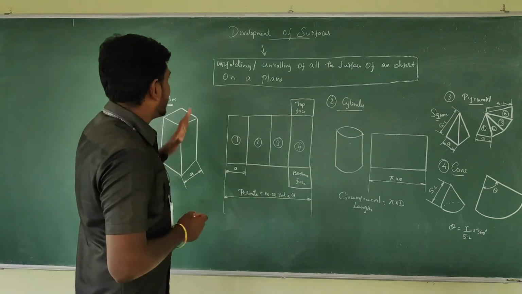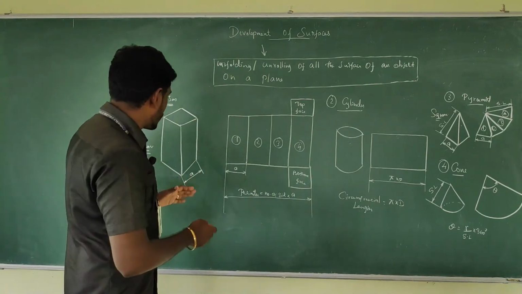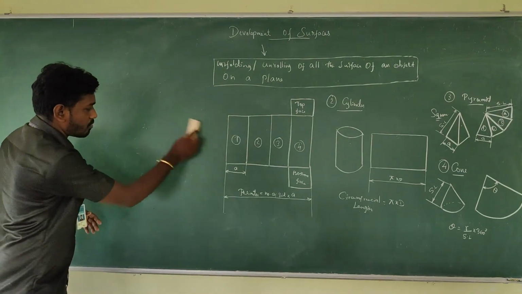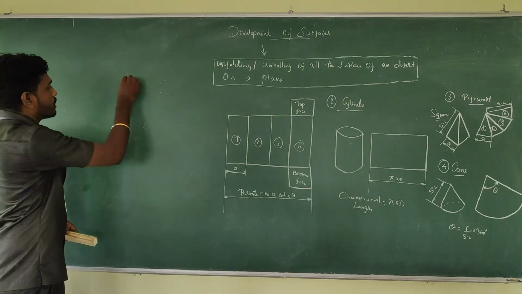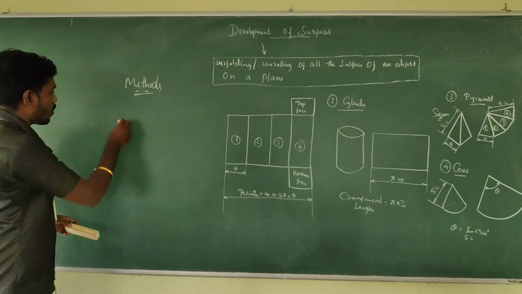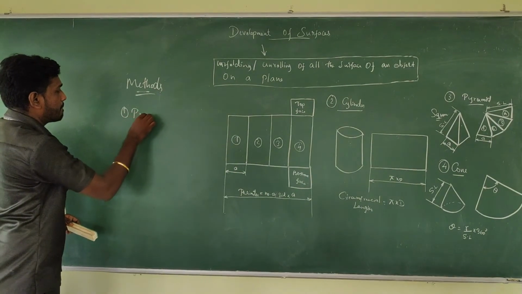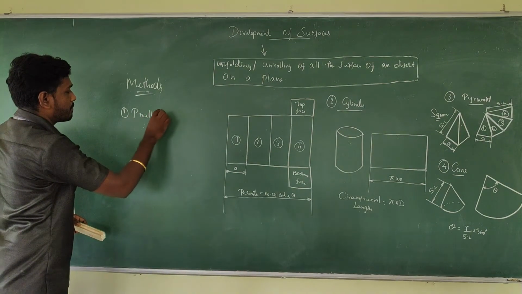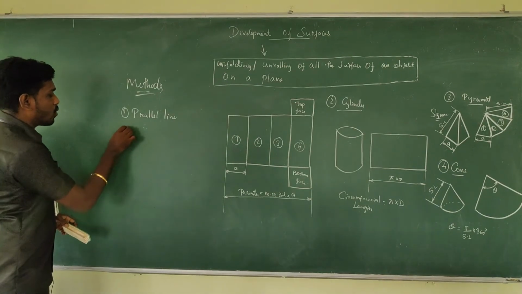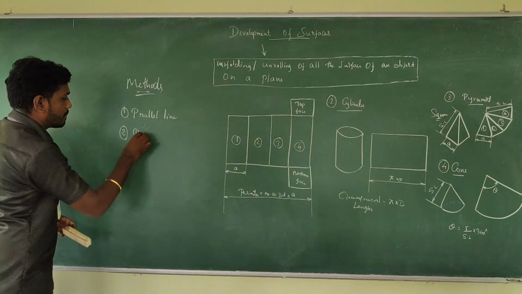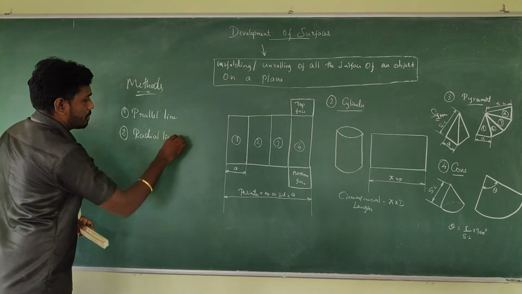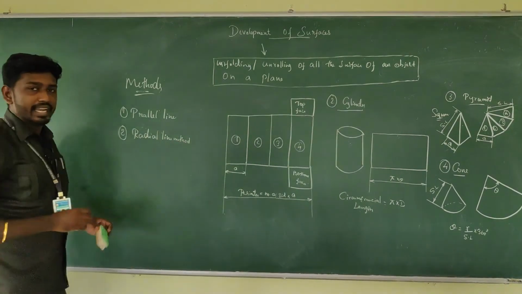In the development of surface we follow two methods. One is the parallel line method, and the second one is the radial line method.